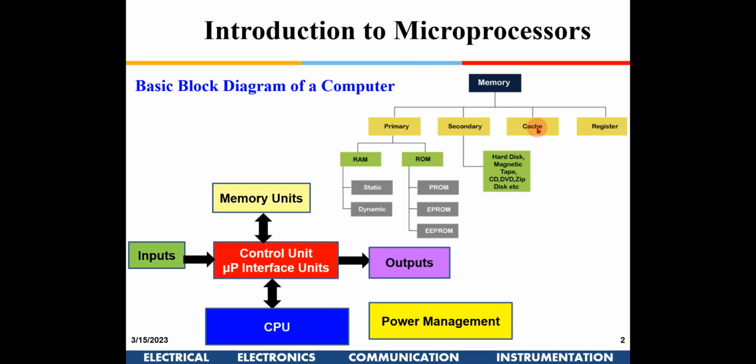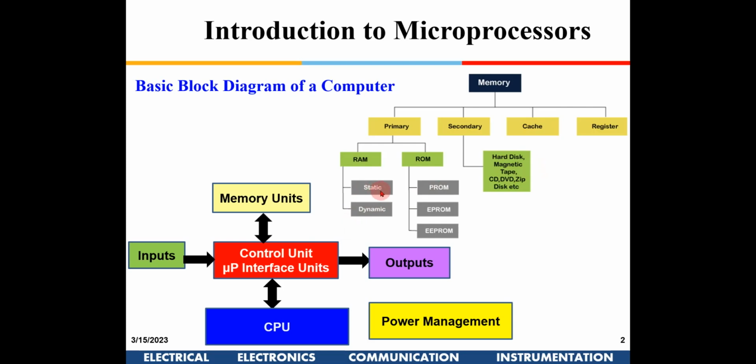Some data which is very frequently accessed can be put into a cache memory, and some data going to the external bus can also be routed through the cache memory.